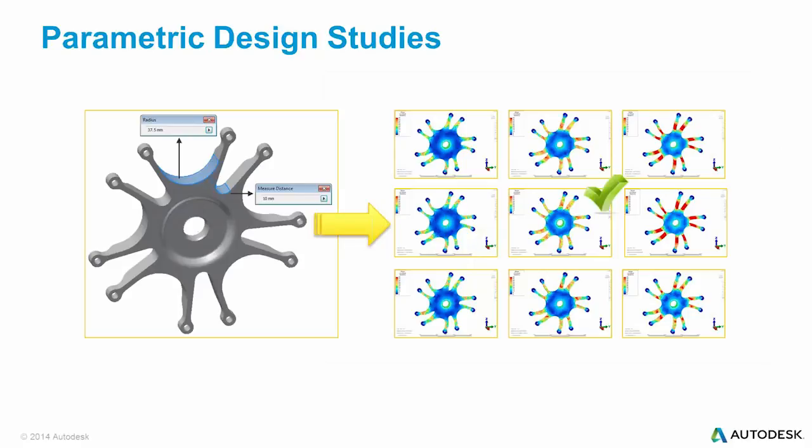If you have Inventor, you can do parametric design studies. So in this case, within Simulation Mechanical, we may want to see the effects of changing the large radius and the small radius on results like weight, stress and deflection. So it can run with a combination of these changing radii and show you the results.